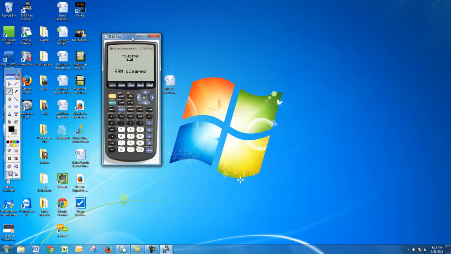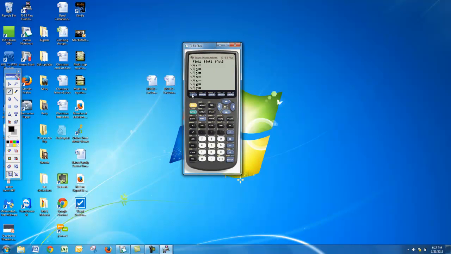So let's bring the calculator into the center of the screen. So we want to go to the y equals screen, and we want to look at the difference between 3x squared and negative 3x squared. So what happens if we change the a value from positive to negative?